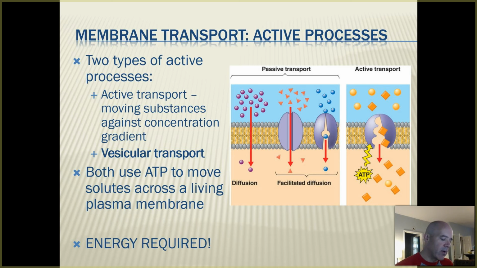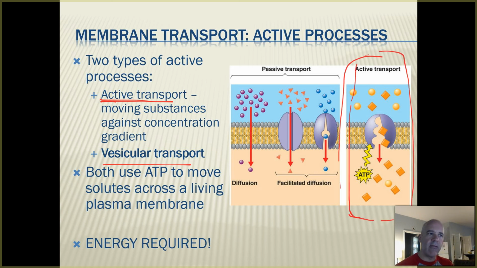All right, active processes require energy input to force them to happen. And there are two types. One type is called active transport, and another type is called vesicular transport. Both types use ATP fuel molecules to power that. Active transport is depicted over here on this side of the screen. That is where you have a membrane protein that is deliberately forcing some sort of solute to move against the way it wants to diffuse, against its concentration gradient.